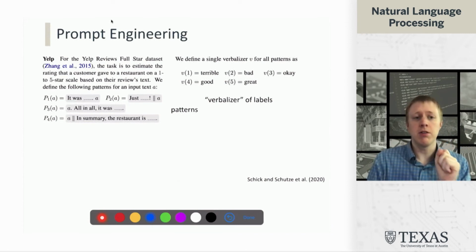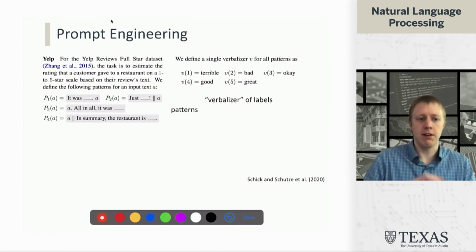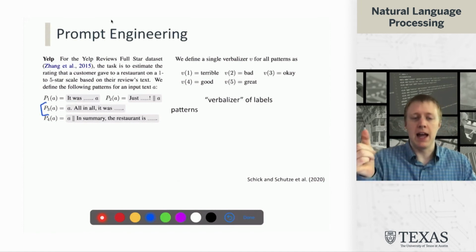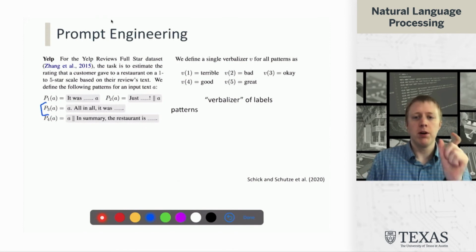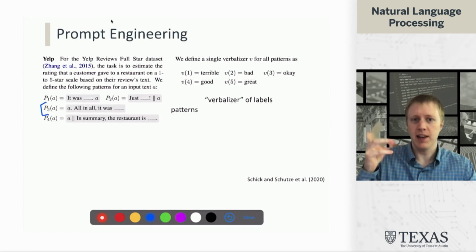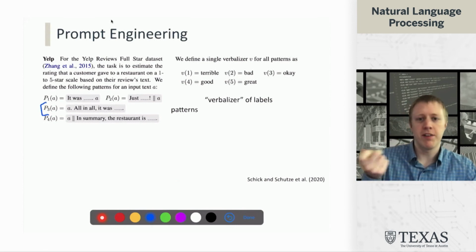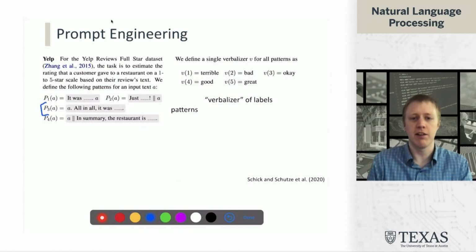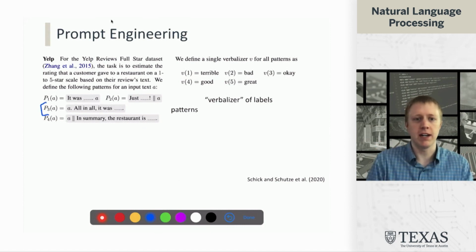For example, you can have the text of the review here and then say, "All in all, it was blank." You then put in a word indicative of your different sentiment labels, and you can use this to assess whether the model thinks that this review should be summarized as bad, okay, good, great, etc., which give you these 1 to 5 star ratings.